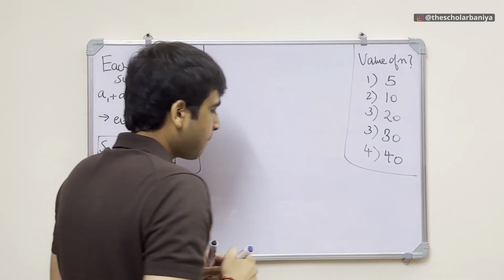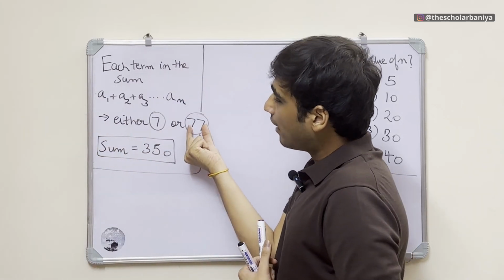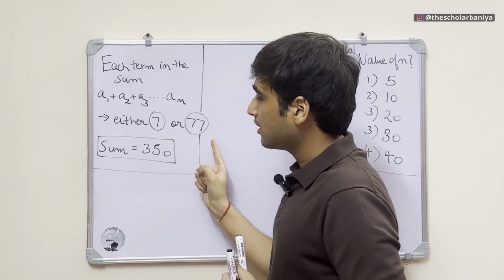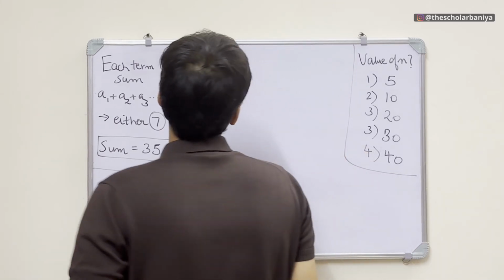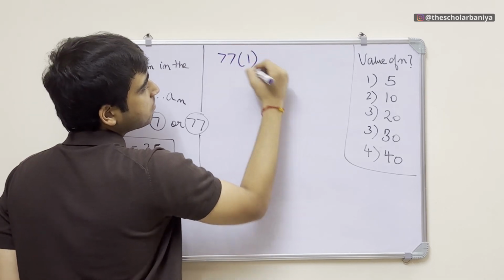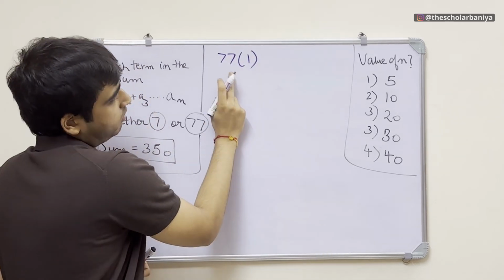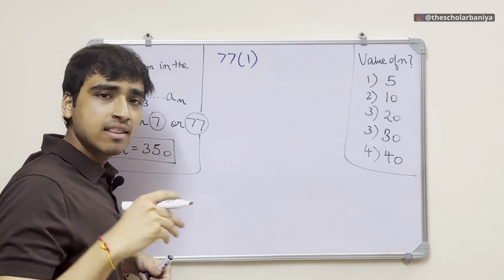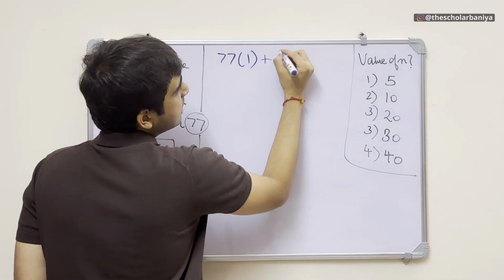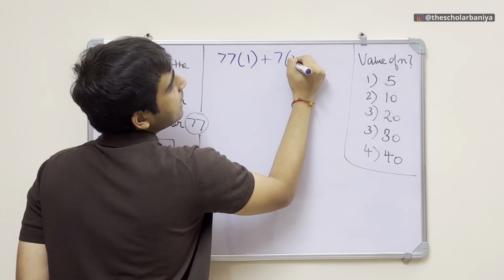So let's do one thing. Let's take one number as 77, right? And the remaining numbers as 7, such that the sum is 350. So we can write 77 into 1, because we are taking one number as 77 and the remaining numbers as 7, plus 7 into, for example, x.